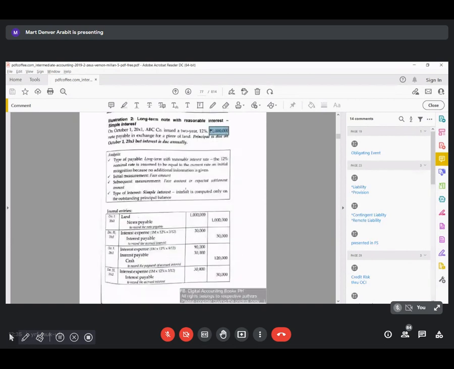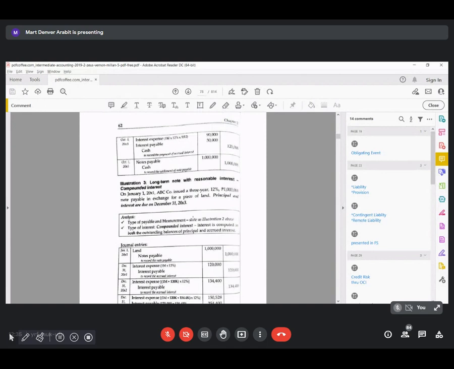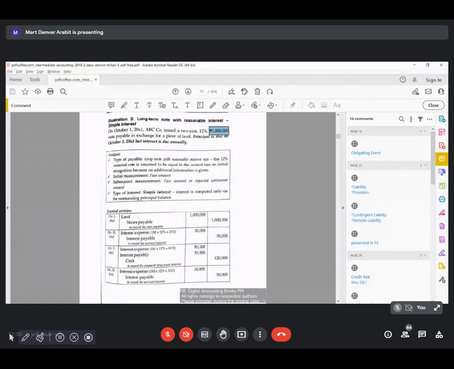So for December 31, yung interest niya is 30,000 computed at 12% for 3 months, which is starting from October at the time of the issuance of the notes payable. Okay, so yung computation ng accrual, no, this is not an accrual.